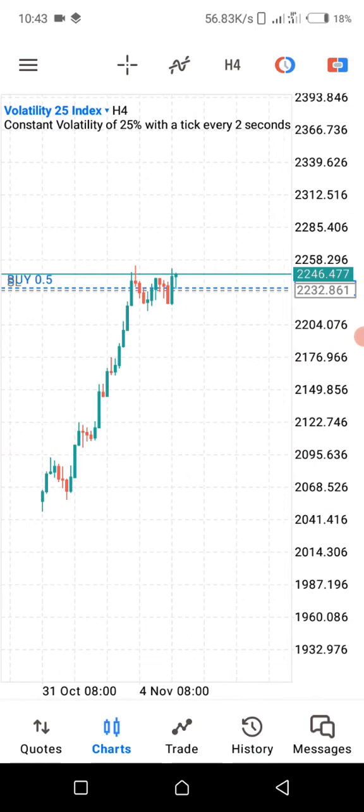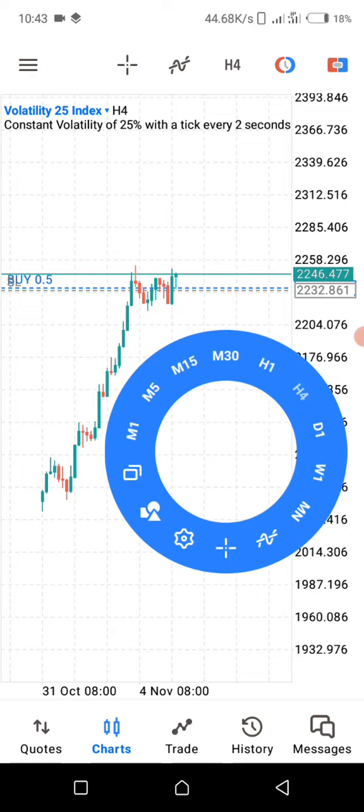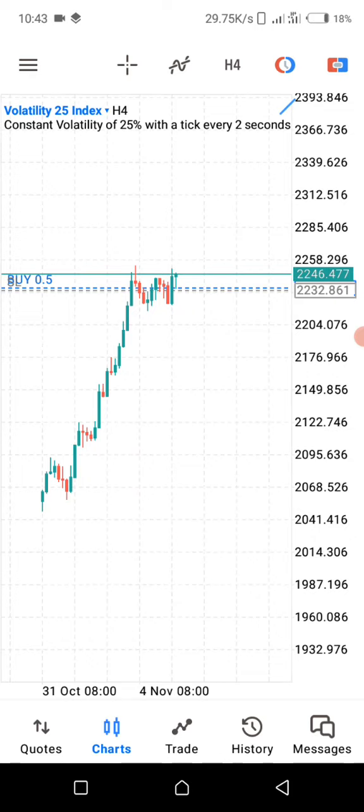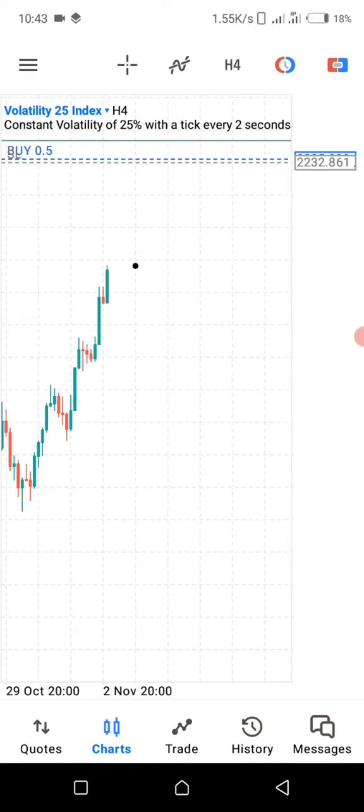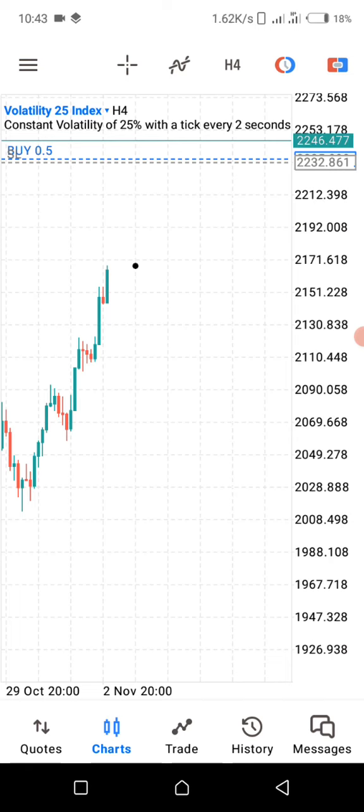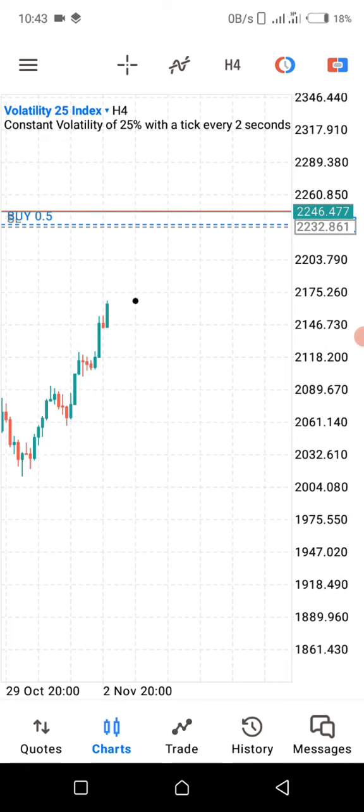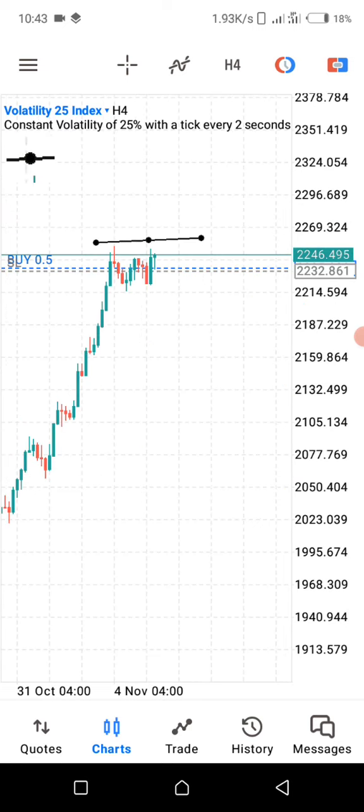So yeah, on H4 time frame I saw this flag pattern. So that's a flag pattern there. So I put across this trend line.